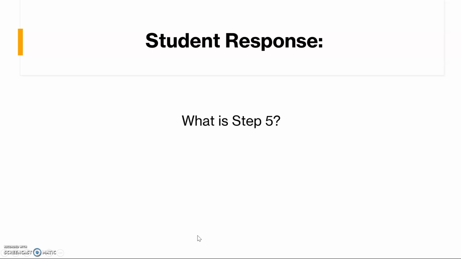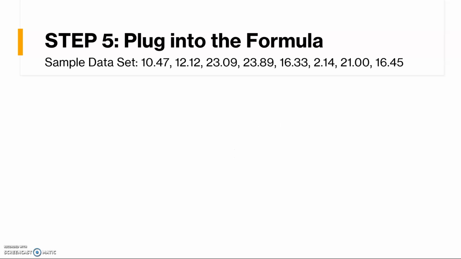What is the 5th step? Go ahead and calculate this step on your own. So the 5th step is to plug into the formula. So here's our formula. We have the square root of the summation of x minus x bar squared divided by n minus 1. Now remember, we just found the summation of x minus x bar squared to be 374.780.